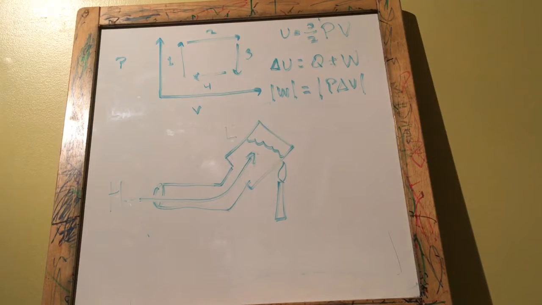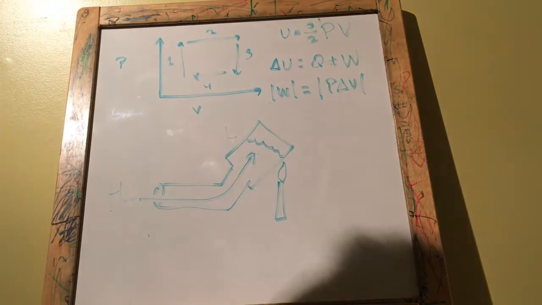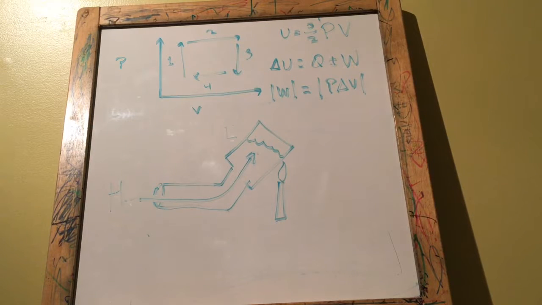Also, in the cycle, when you look at process 2, the negative work that's done on the engine is going to be much, much greater than the positive work done on the engine in process 4. And it's this difference in the work that essentially helps to power the boat forward.